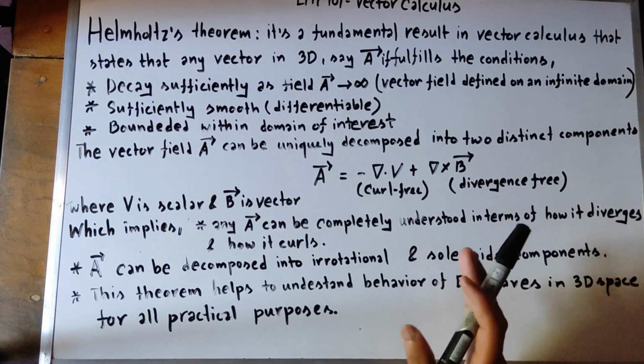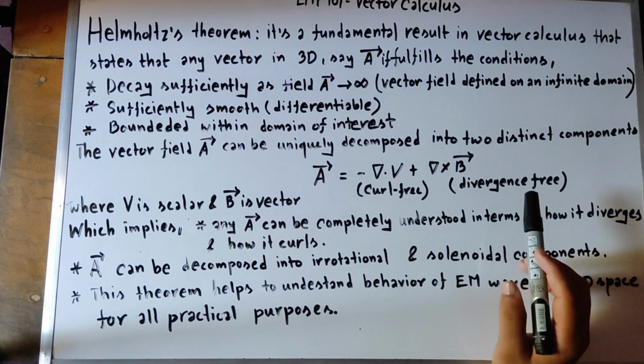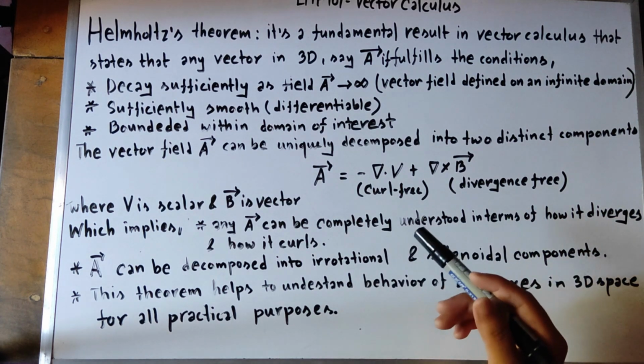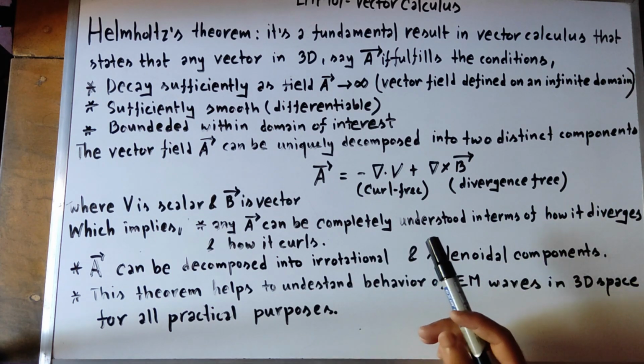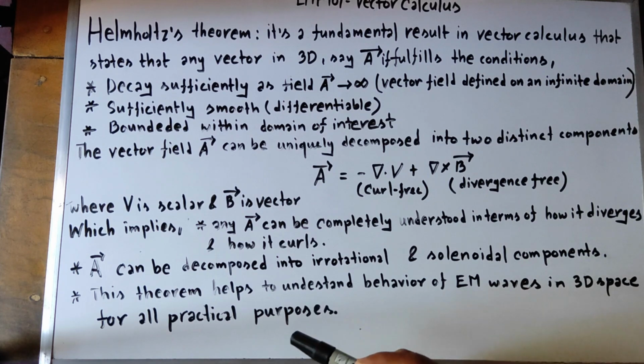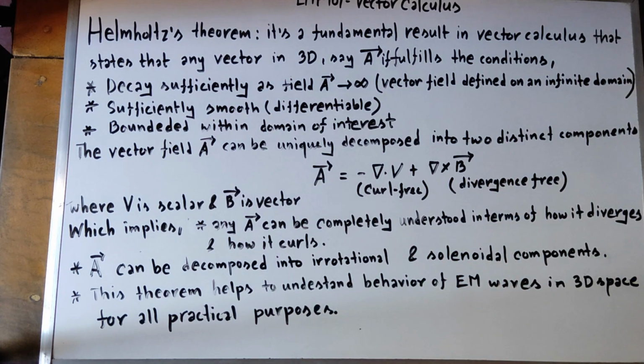Given EM fields conform to this theorem, we can also describe an EM field in terms of Laplacian. There is a relation in Laplacian that I want to tell you.